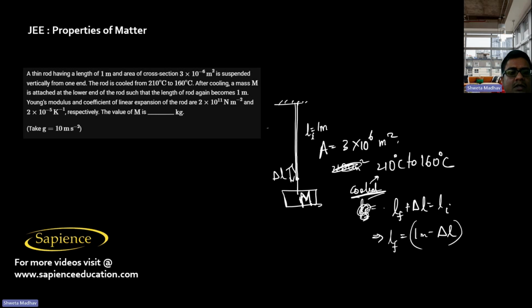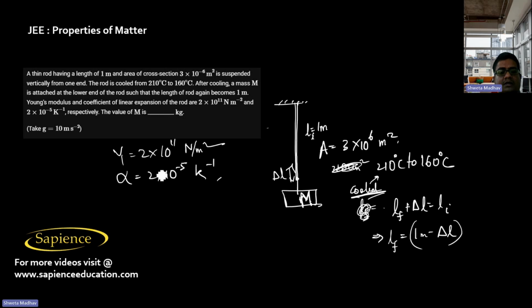Then it is told the Young's modulus and coefficient of linear expansion of the rod. Young's modulus is 2 into 10 power 11 Newton per meter square, and the coefficient of linear expansion, alpha, is 2 into 10 power minus 5 per Kelvin, respectively.